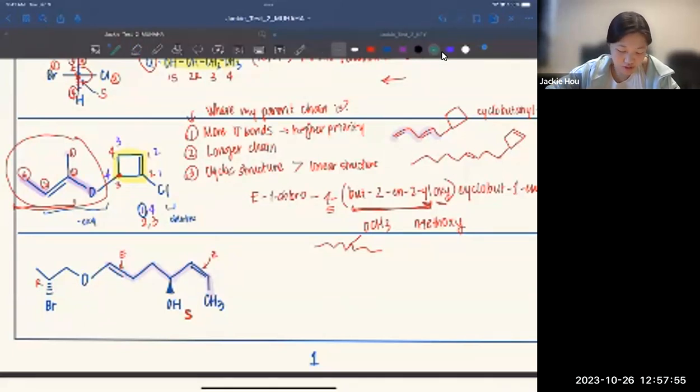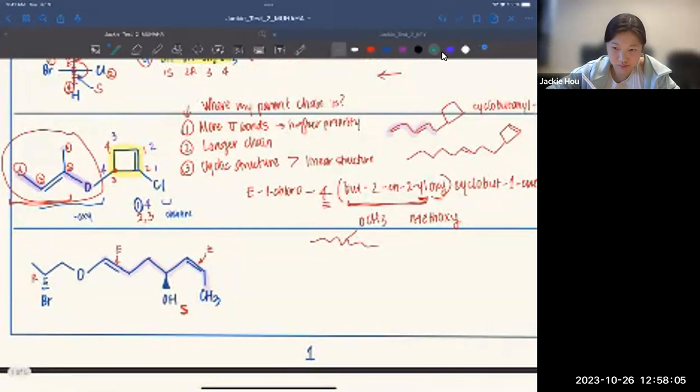And then I want to see where I can start numbering, right? So I want to start numbering so that my OH group gets the lowest number because my OH is my highest priority. So if I start numbering this way, 7, my OH is on 4. If I number purple this way, I can see that my OH is also on 4.